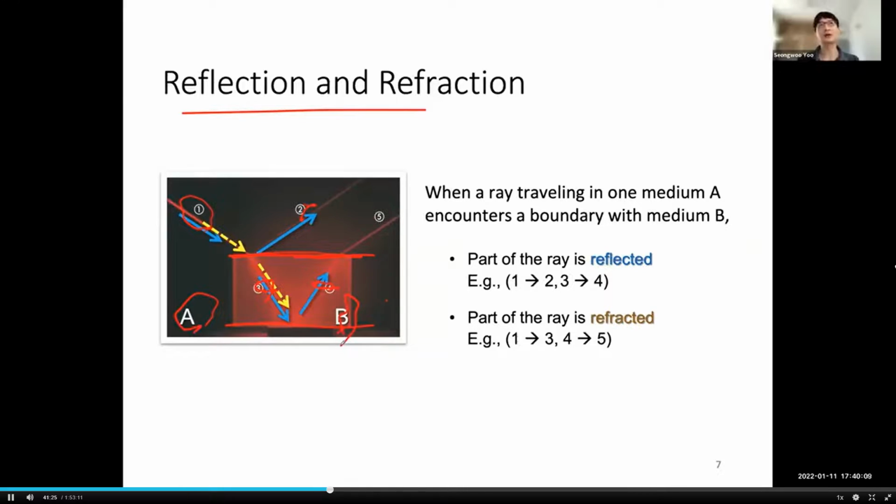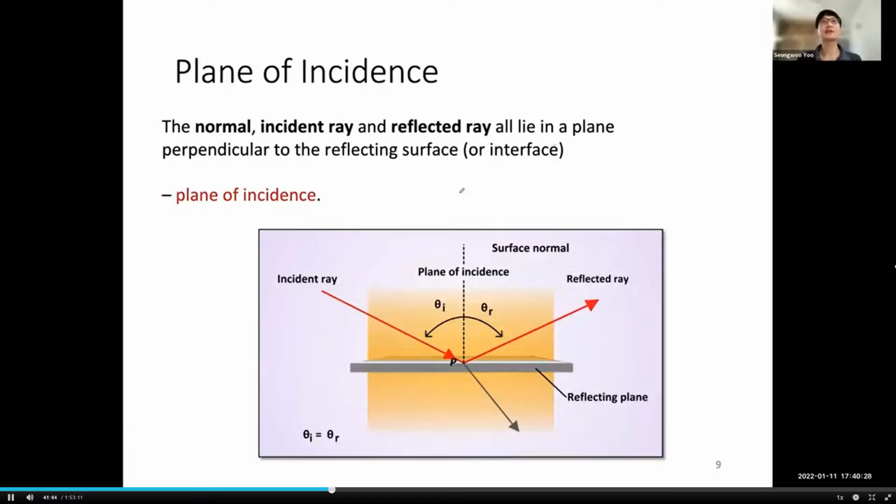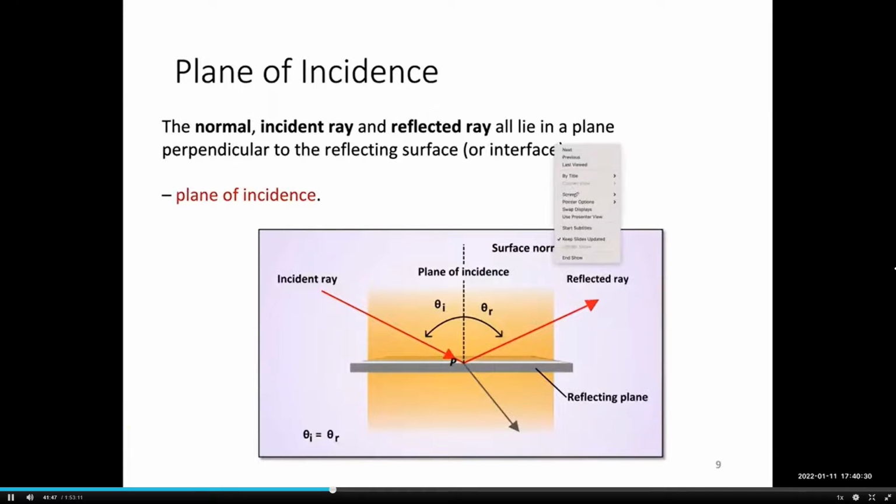We will touch on these wavelengths in week 3. Again, let me reiterate: in our context, different medium means a different refractive index, and I'm going to introduce the index of refraction later.